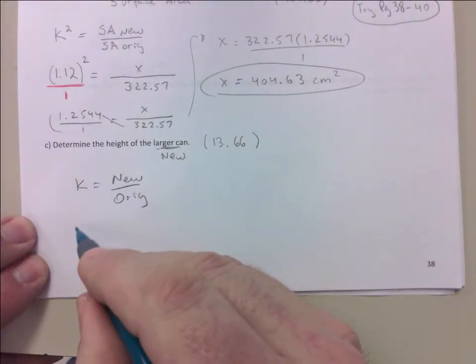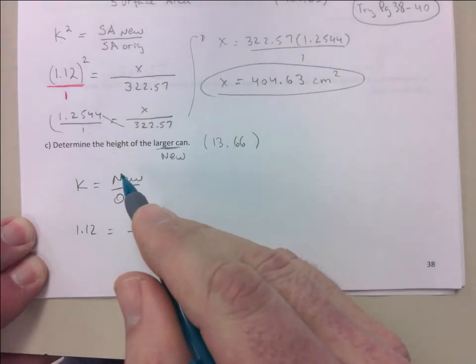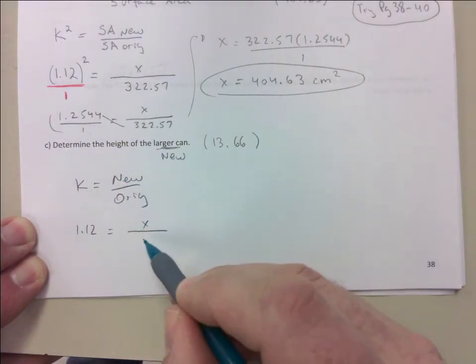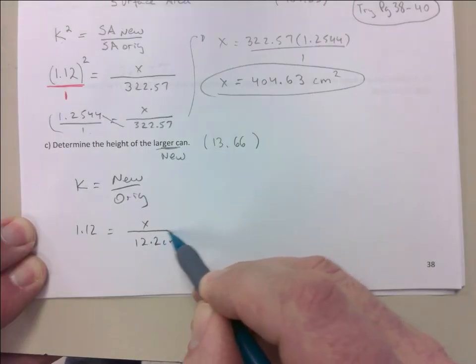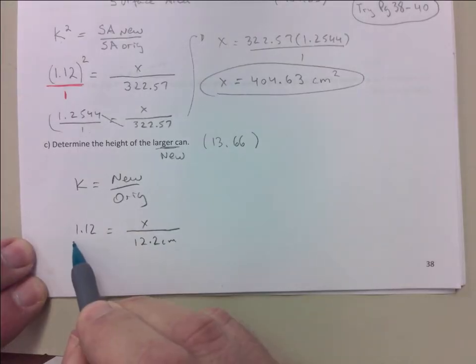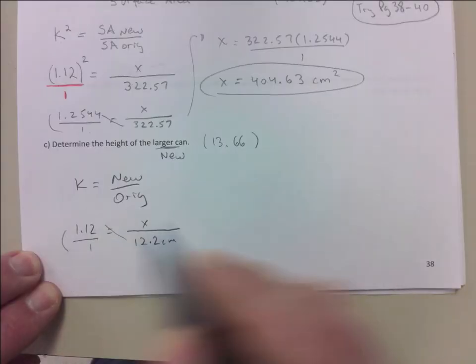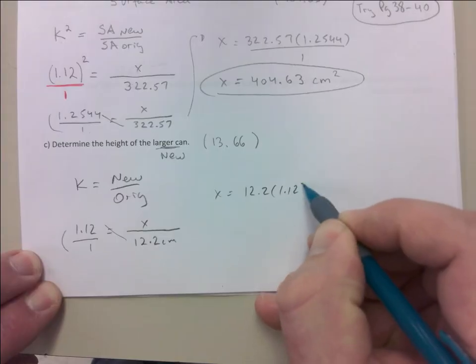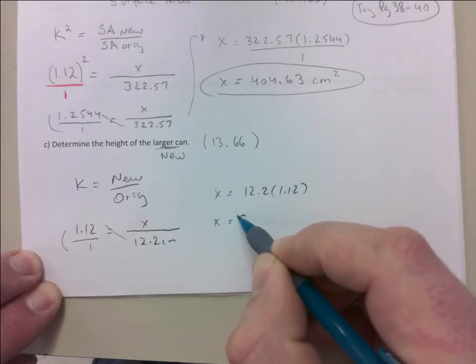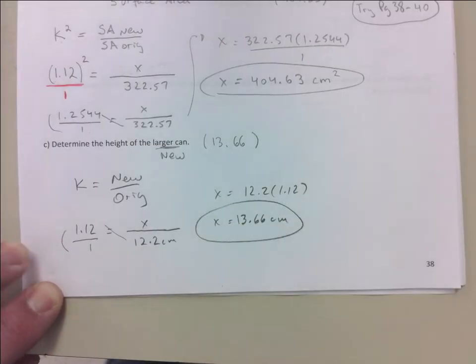So k is what? 1.12. And the new, I don't know, but I do know the original. We're in centimeters. No need to square, no need to cube, nothing. Just cross multiply and divide. So x is equal to 12.2 times 1.12, and you get 13.66 centimeters. Okay.